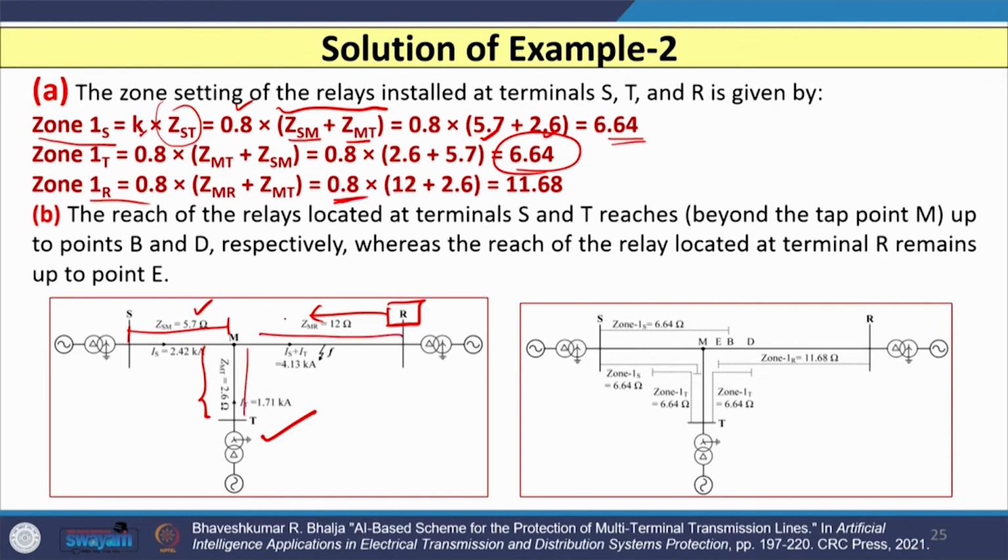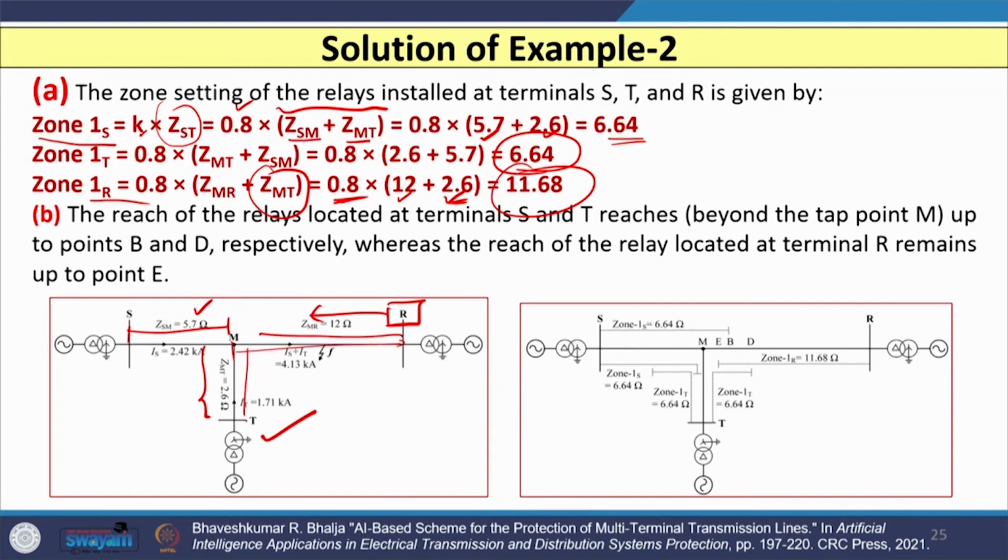Now, here along with ZMR, which is 12 ohm, the other option is either you can take ZMT or you can take ZMS, but here you have to take ZMT only, that means the section which has the lowest value of impedance. So, that I have considered, and you will get 11.68. If you consider the other section ZSM here, then this reach of the relay located at R may exceed this reach, that is 12 ohm.